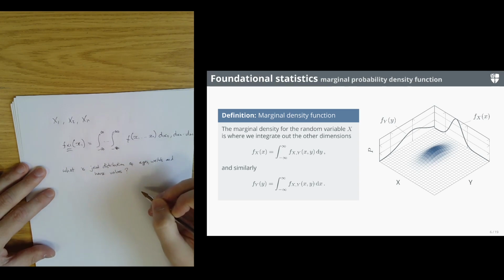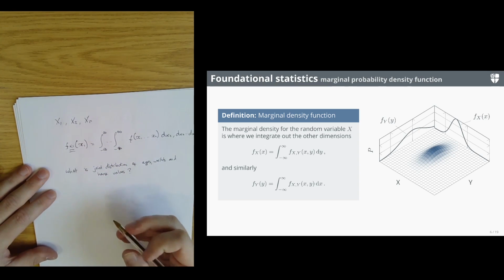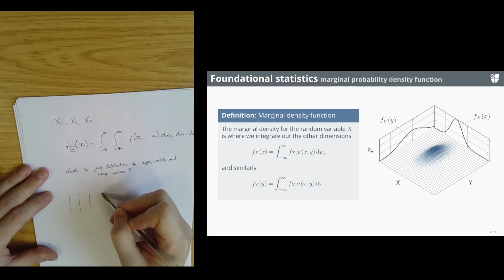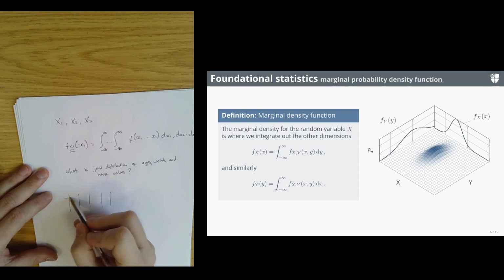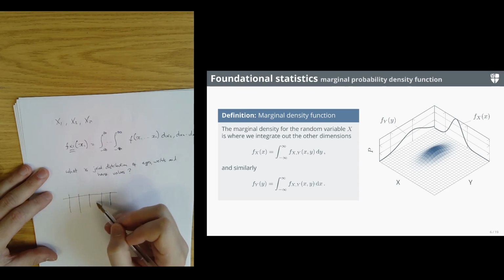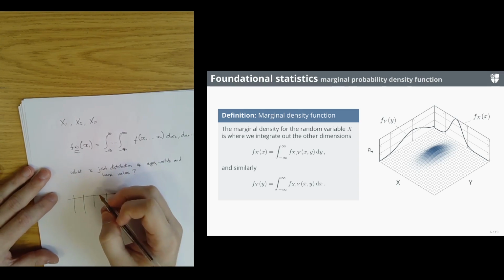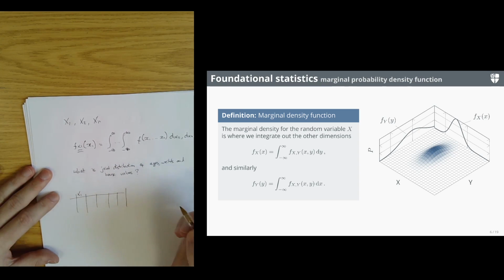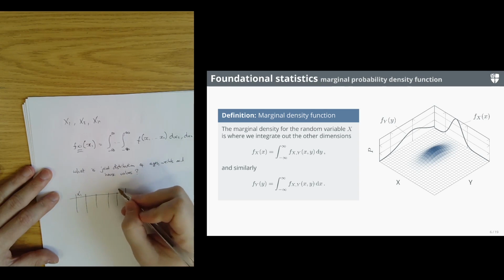We could say we have a spreadsheet where we've got like 5 random variables, so 5 columns: x1, x2, x3, x4, x5. Actually, I'll just write it out here.